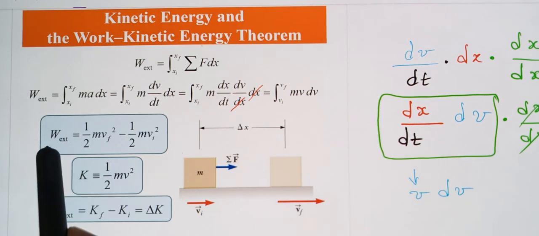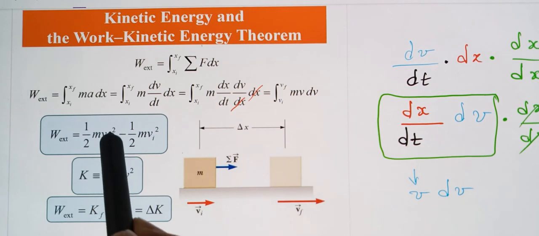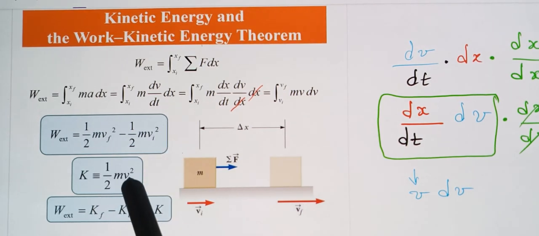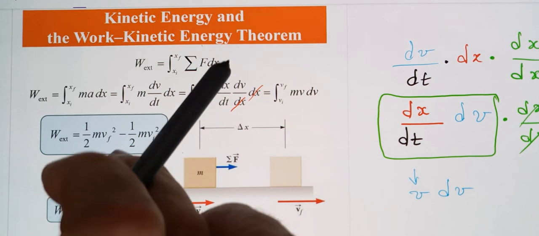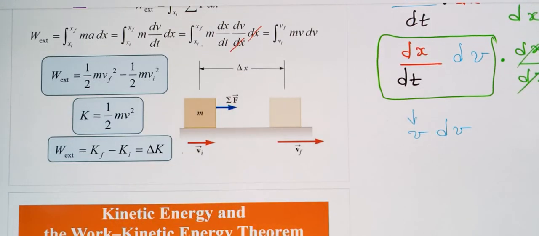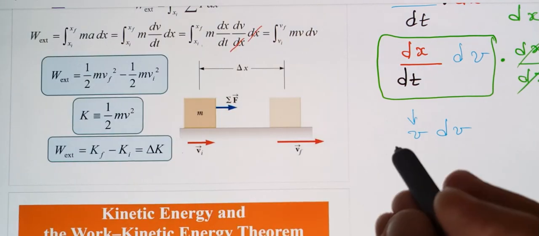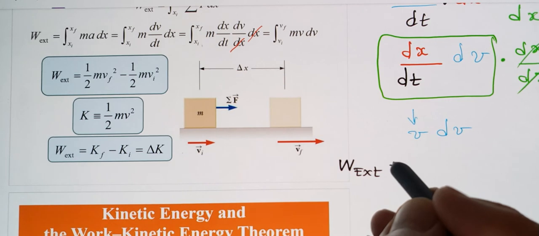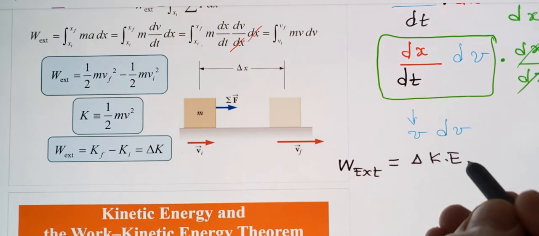So work external is half mv squared final minus half mv squared initial, and we call half mv squared kinetic energy. Basically, work external can be defined as the change in kinetic energy. So this is the second definition of work external: the change of kinetic energy.